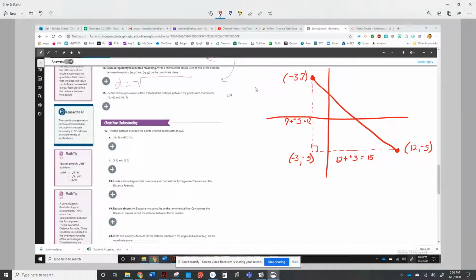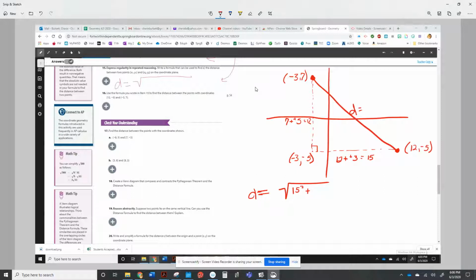So we've got a triangle now, and the distance formula is the same thing as the Pythagorean theorem. We've just already solved for the length of that side right there. We found this side right here, which is 15. So we have to square it.